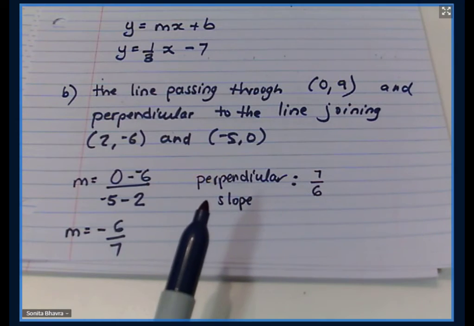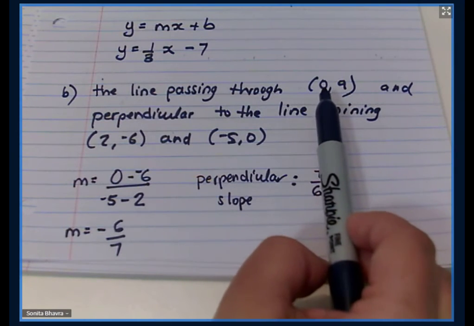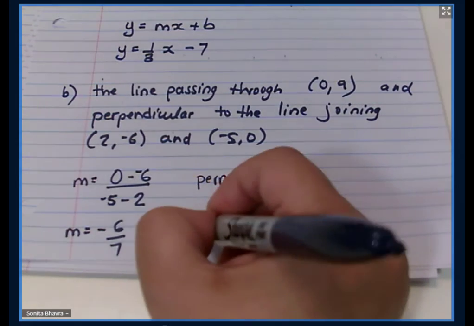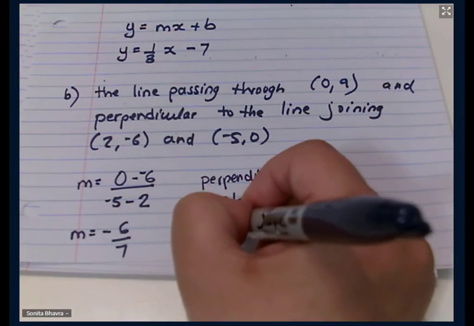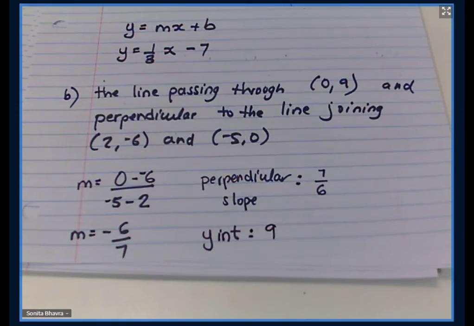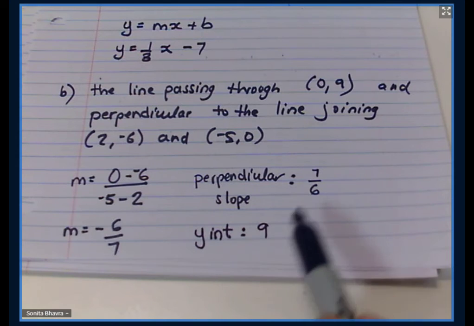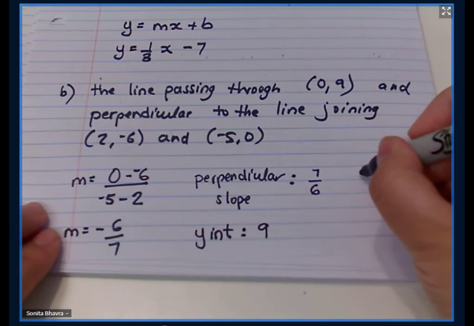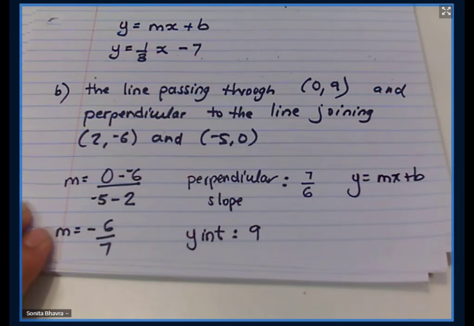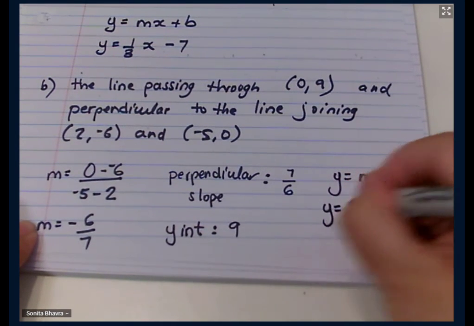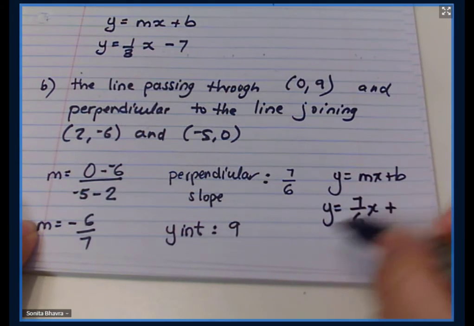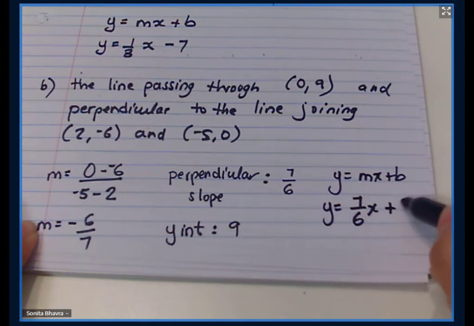Our y-intercept, we know the line is passing through (0, 9). That's the y-intercept, so our y-intercept is 9. Since we have both pieces of information now, we can put our equation in this mx plus b form. So our slope is 7 over 6, x plus our y-intercept, which is 9.